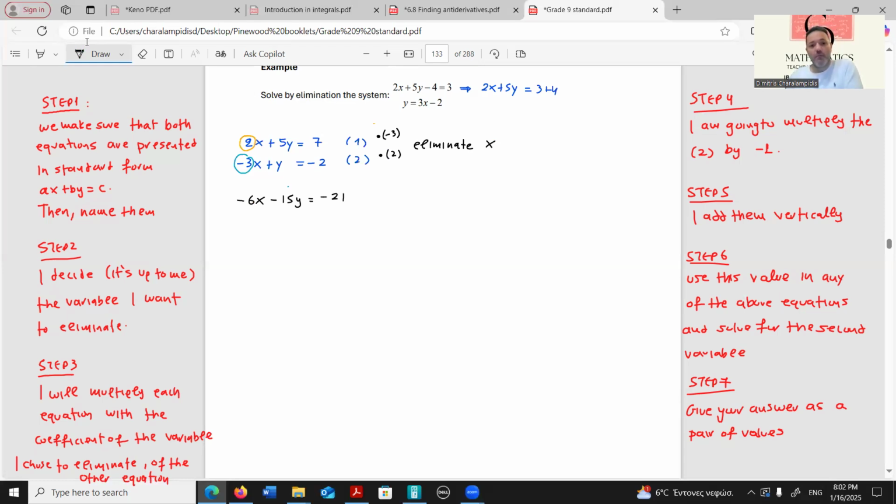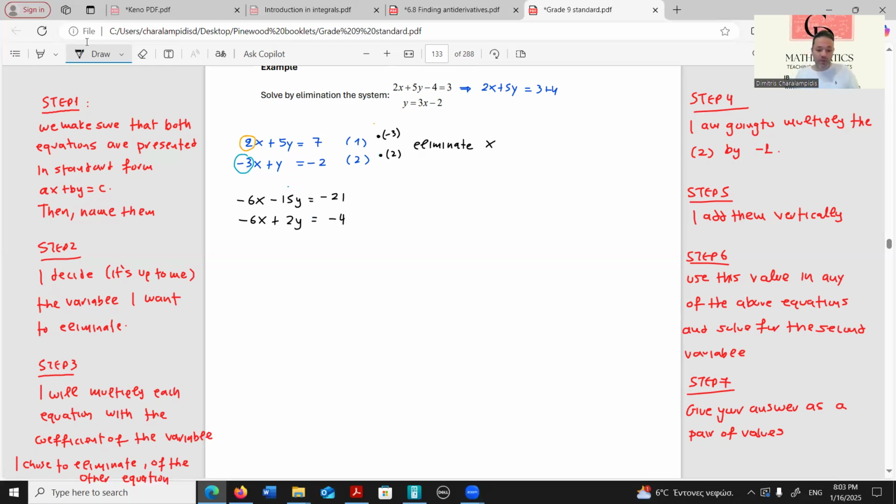In the second one, minus 3x plus y equals -2 should all be multiplied by 2. So again, -6x plus 2y equals -4. Now the x's are the same. Great. Things are really working well.